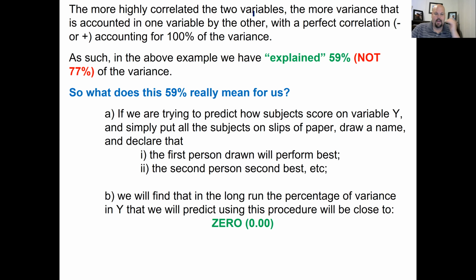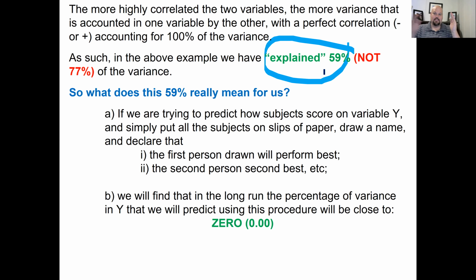But that's usually not the case. If you are explaining, for example, a correlation of 0.77, which is 59%, that means there's a large chunk of variability that is not being accounted for. Well, what is that other chunk of stuff? That other chunk is other variables that have a role in calculating that relationship.